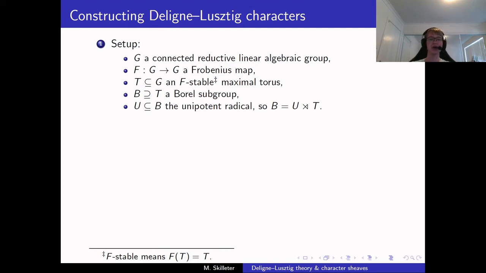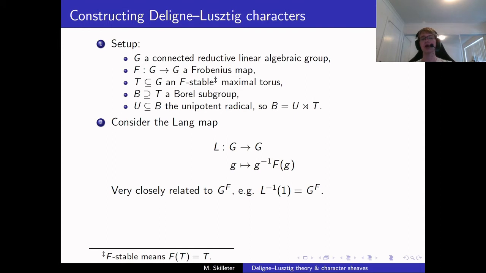Motivated by the last section, we want to construct a variety that G^F acts on, and then we're going to get a character of G^F by counting the fixed points of that action. To construct that variety, I'm going to introduce the Lang map, which sends an element g to g^{-1}F(g). It may not be obvious, but this Lang map is very closely related to the finite group of Lie type G^F.